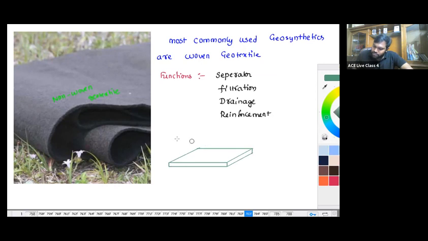So the geotextile is a sheet. Now, how does it look like? It has visible patterns on both sides. I'm just giving you this as an example, but you don't see this much amount of space.